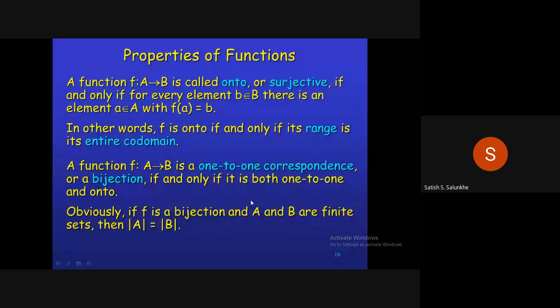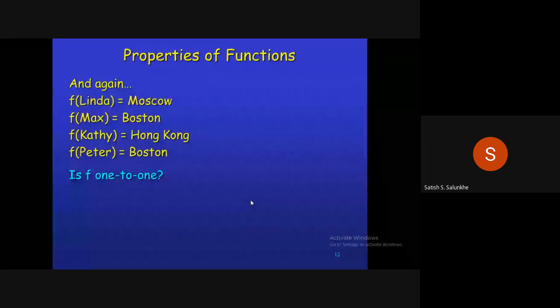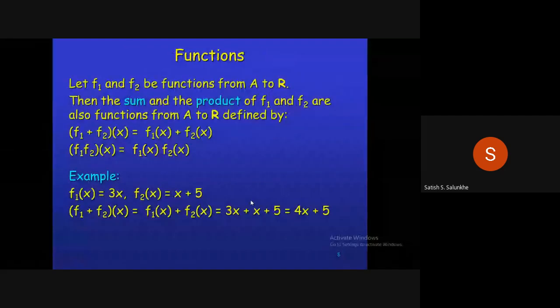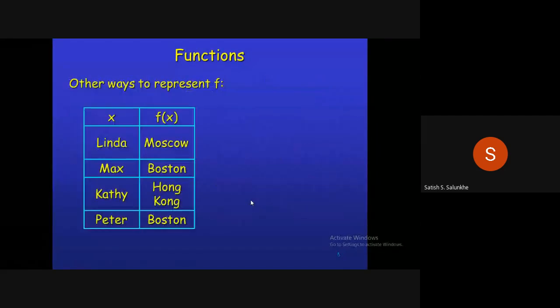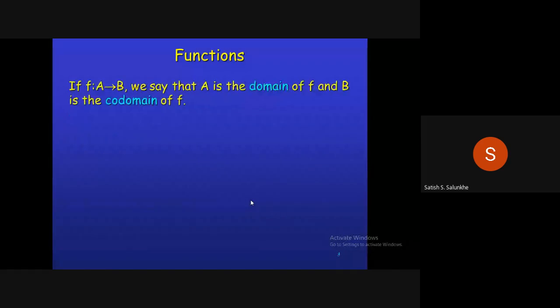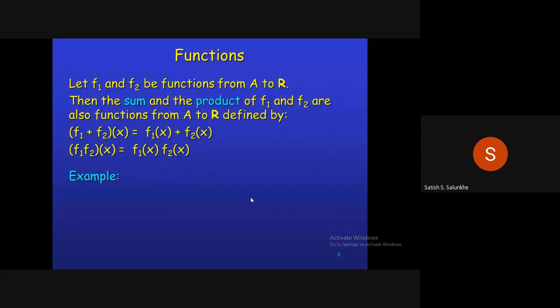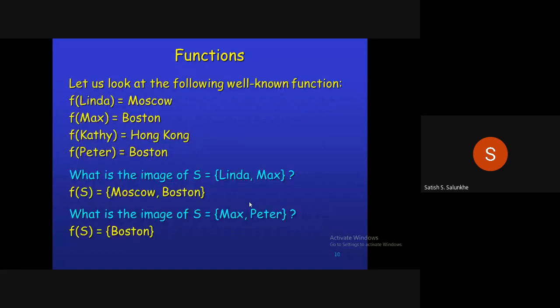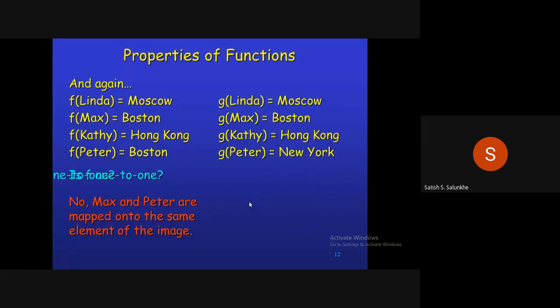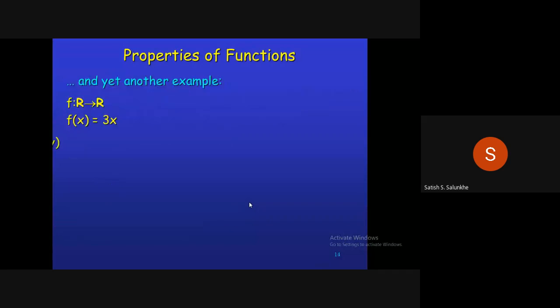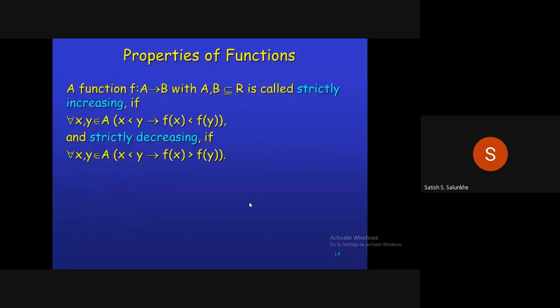So we have already done that. Now one more property I need to discuss, that is monotonic increasing and monotonic decreasing functions. Let me check whether it is here. Yeah.